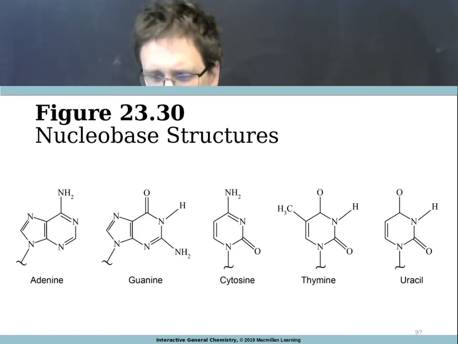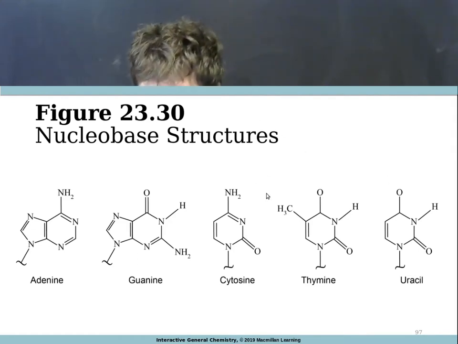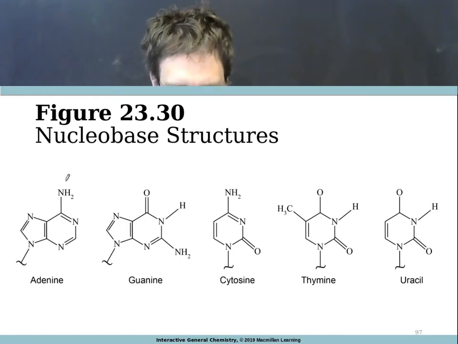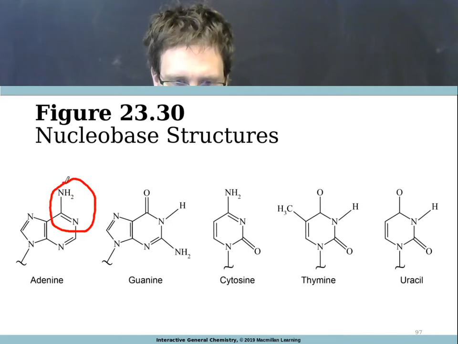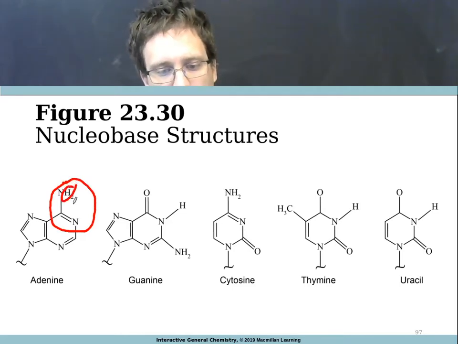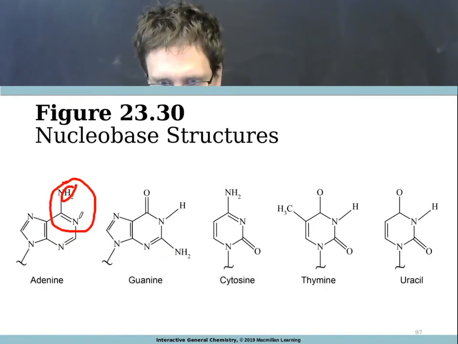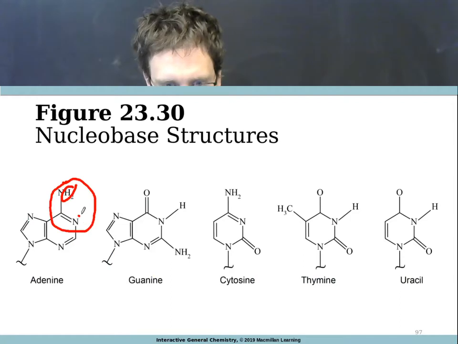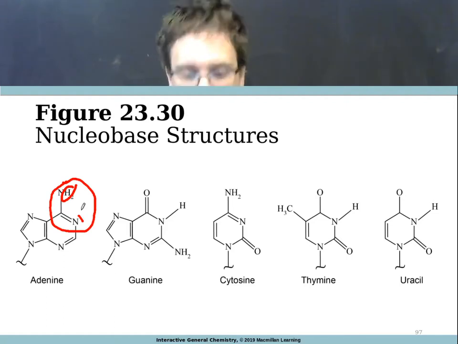You don't need to memorize these at all, but I do want to point out a couple of things. I'm going to turn my mouse into a pen. Here on the adenine, we have a hydrogen bond donor and a hydrogen bond acceptor.